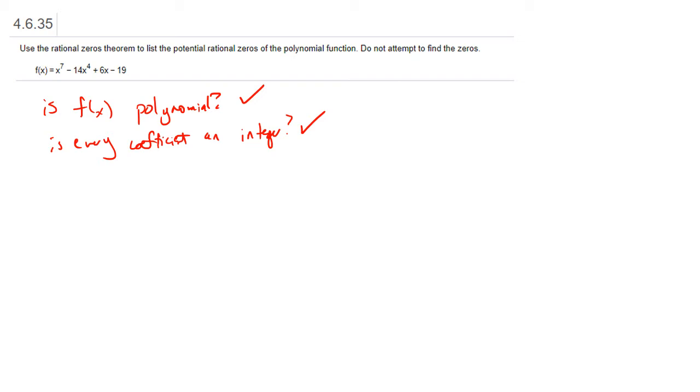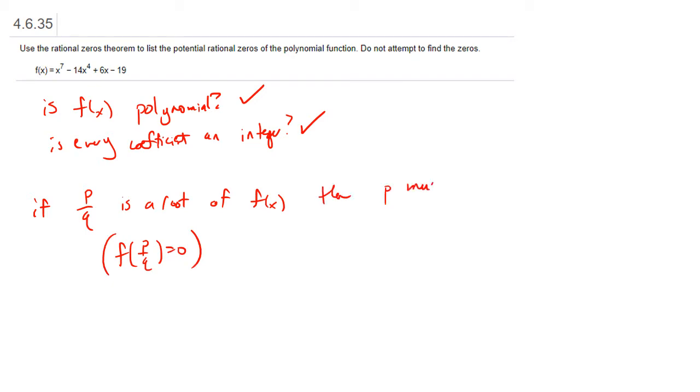Here's what the theorem says, assuming both of these conditions are met. If p over q is a root of f of x, or a zero of f of x, in other words, f of p over q equals 0, then p, the numerator, must be a factor of the constant term, and q must be a factor of the leading coefficient.